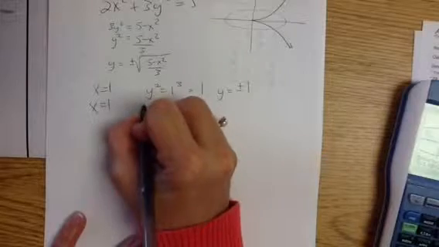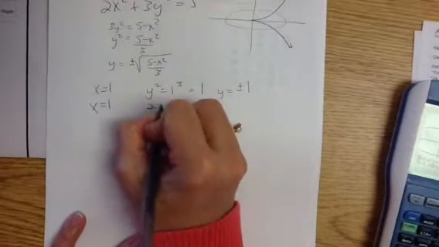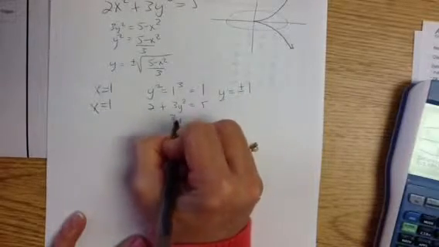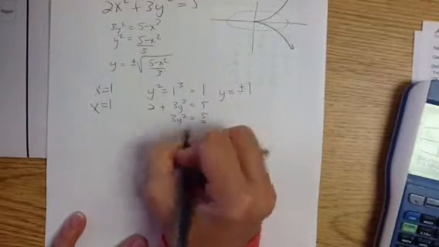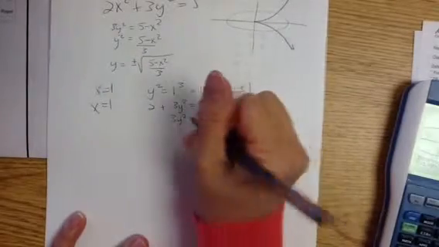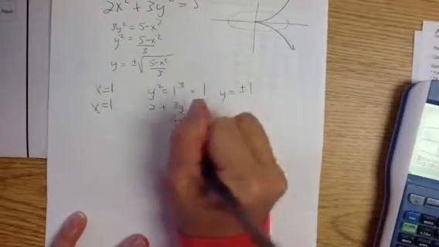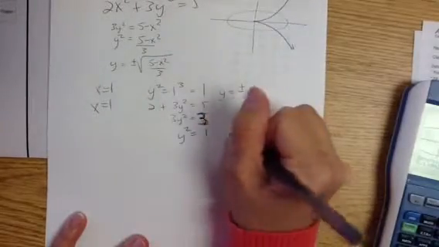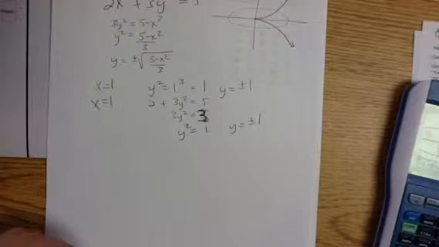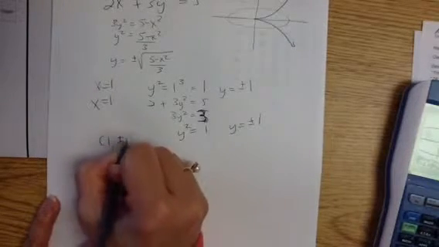If I put 2 times 1 is 2 plus 3y squared equals 5, 3y squared equals 5 minus 2, which is 3. y squared equals 1, and again it's plus or minus 1. So now what I have are the points (1, plus or minus 1).